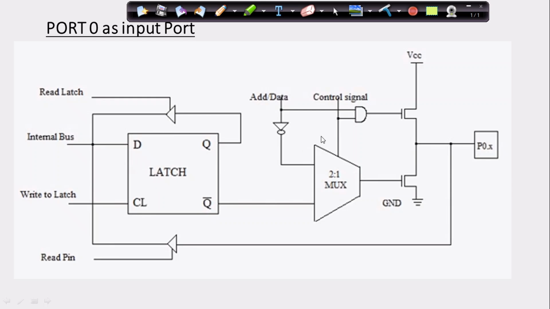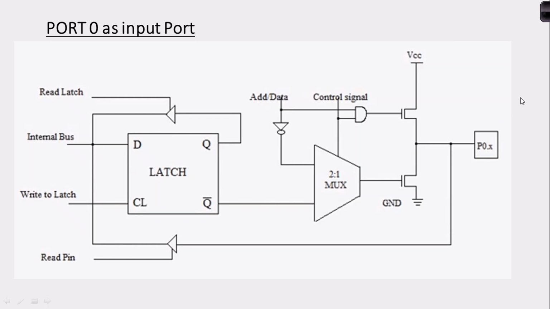Since we are using this port as external memory as well as an input output port, I'll be having a control signal over here. This particular control signal is present only in our port 0.